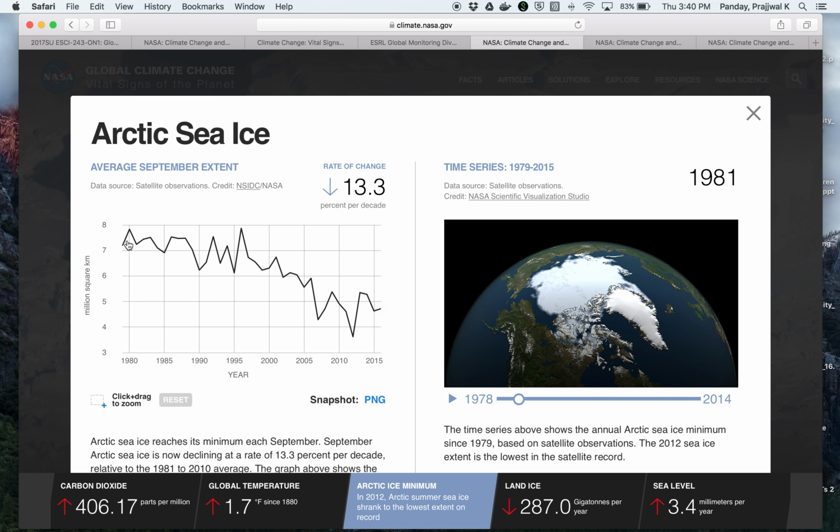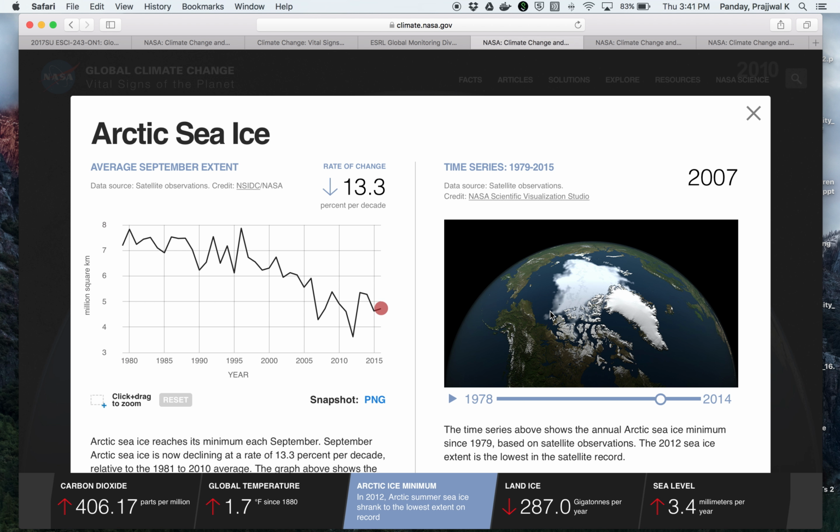Usually it's always been about 7 to 8 million square kilometers, but since 1995 we see a huge decline in the September ice extent. As you can see, every year that ice is getting thinner and covering less of the Arctic Ocean. By 1996 we hit this low. 2007 was the minimum. As you can see, almost half of the Arctic Ocean was exposed in September.